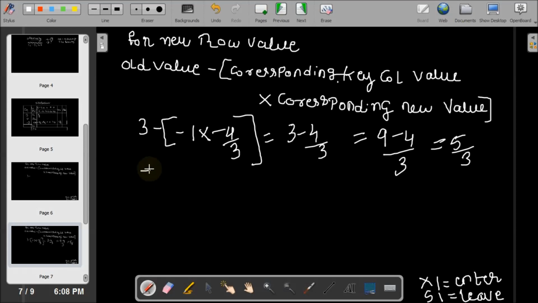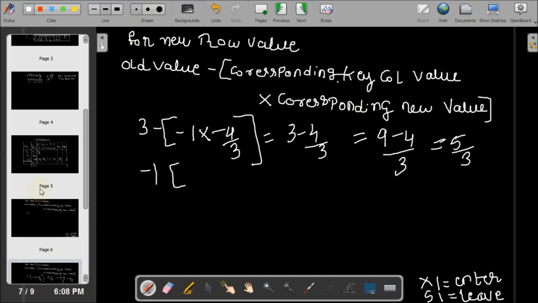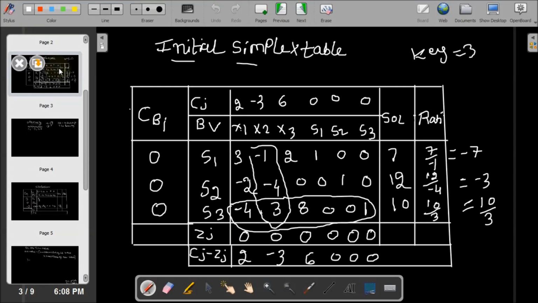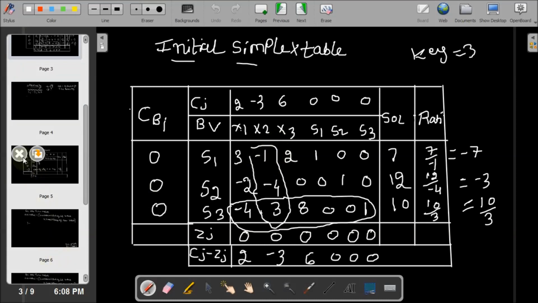Old value minus 1 into corresponding key column value. I told you the corresponding key column value will be the same, minus 1. So I will substitute that.